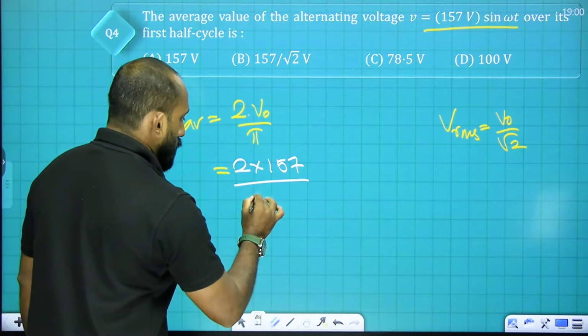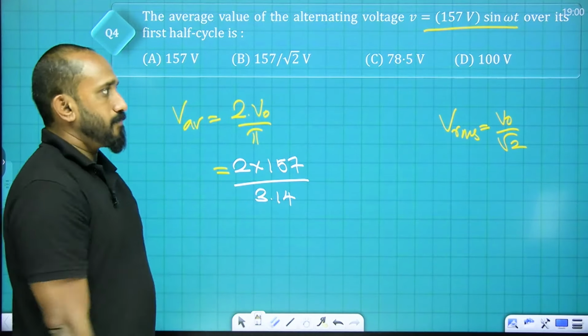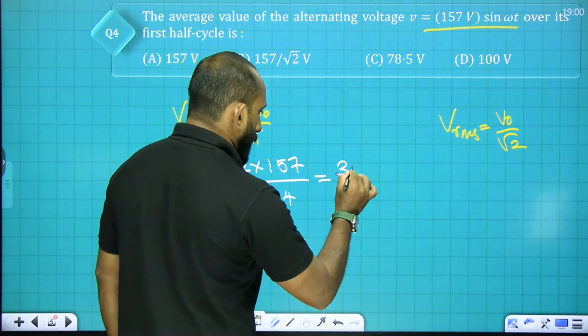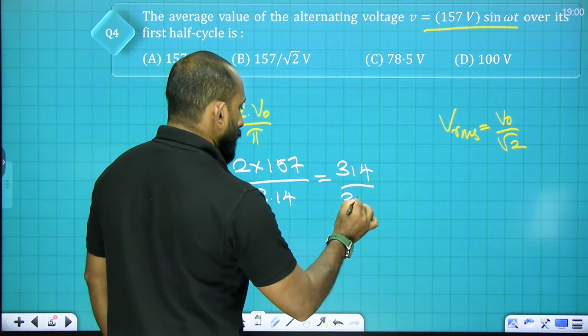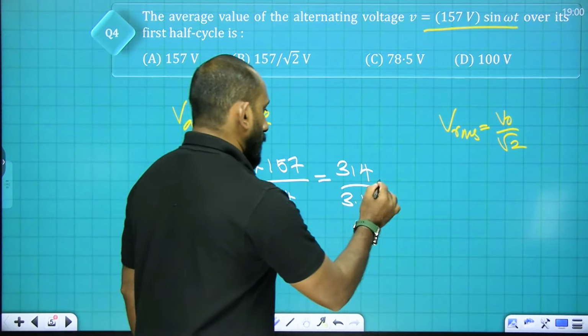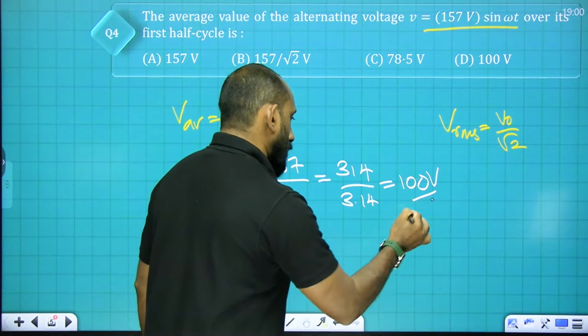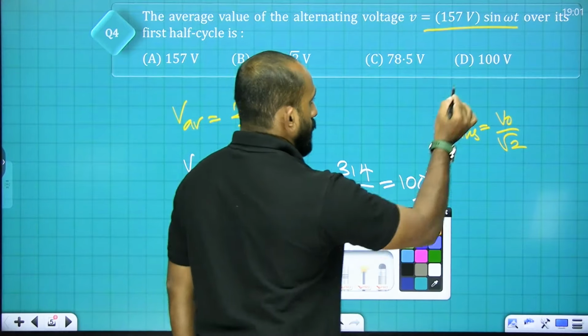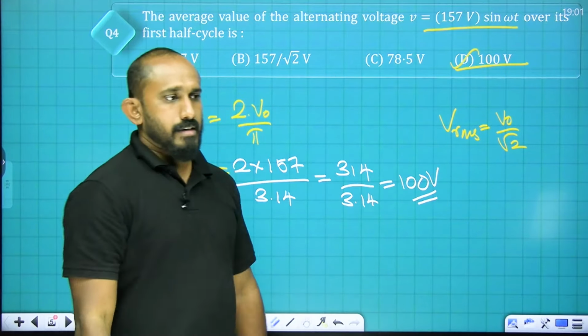Pi is 3.14, you can put it. 2 into 157 is equal to 314, divided by 3.14. 314 divided by 3.14 is nothing but 100. So 100 volt is the average voltage here. V average is 100 volt. So option D is the correct answer here. 100 volt is the correct answer.